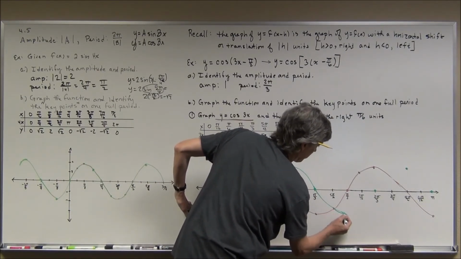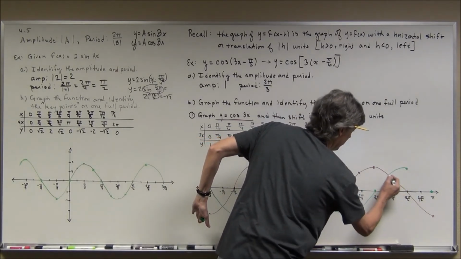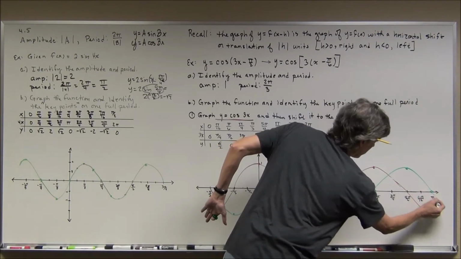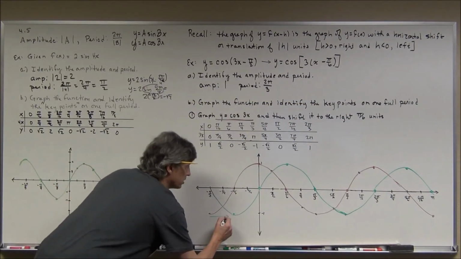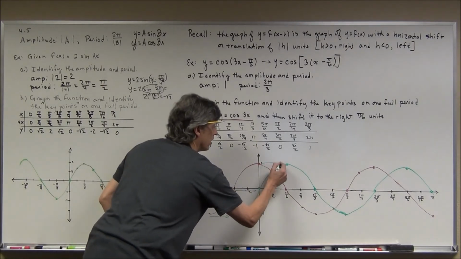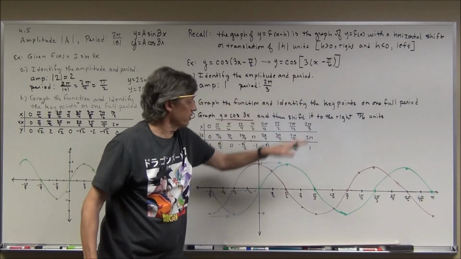Oh, that's not so good. There we go, a little bit better, not much. And as you can see, all the key points have been shifted over pi over 6 units. That's how I graph this.